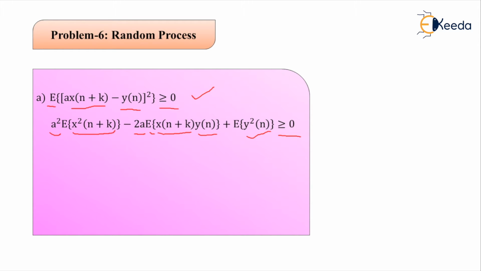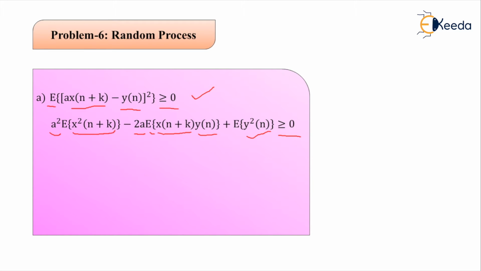So this is nothing but the quadratic equation form here, and as the RHS is represented here, this complete quadratic equation is non-negative. For a quadratic equation we can determine the roots. For the determination of the roots, whatever the formula is, it uses a square root, which we call the discriminant.